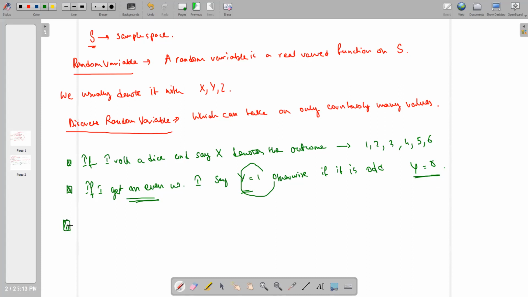For example, if we toss a coin 10 times, the number of heads, say Z, is a random variable, right? It can vary from 0 to 10.